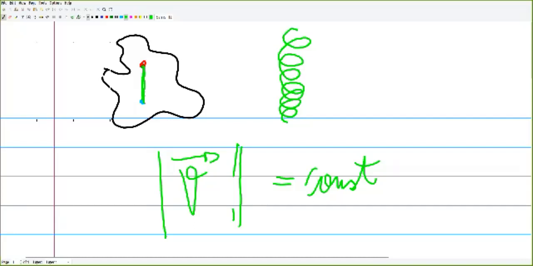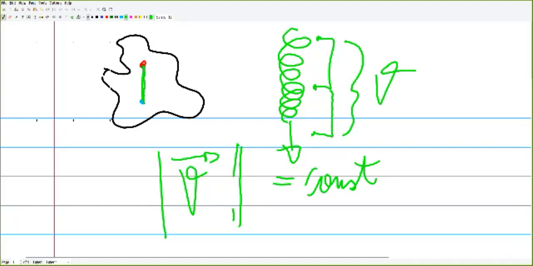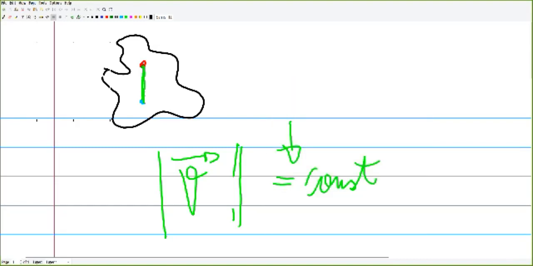And a spring, for example, if you pull it down, let's say we have two points here, and then this point is actually going to be down here. So the V has changed. So that is not rigid. There we go. That's a rigid body.